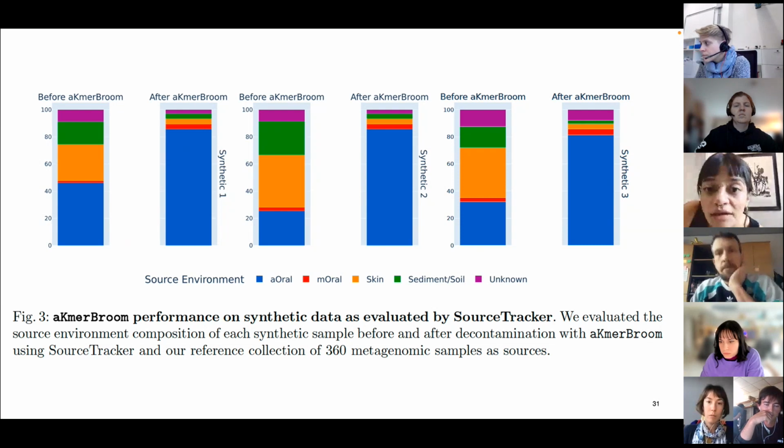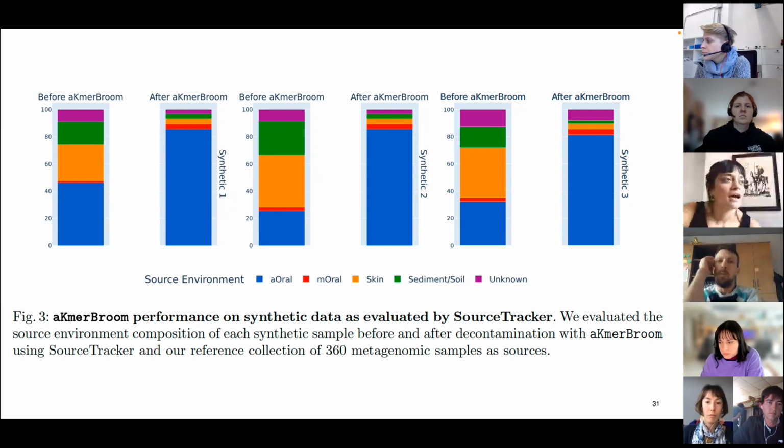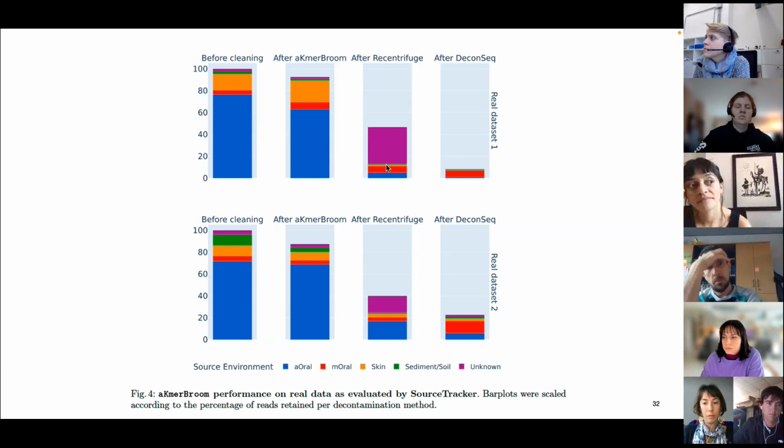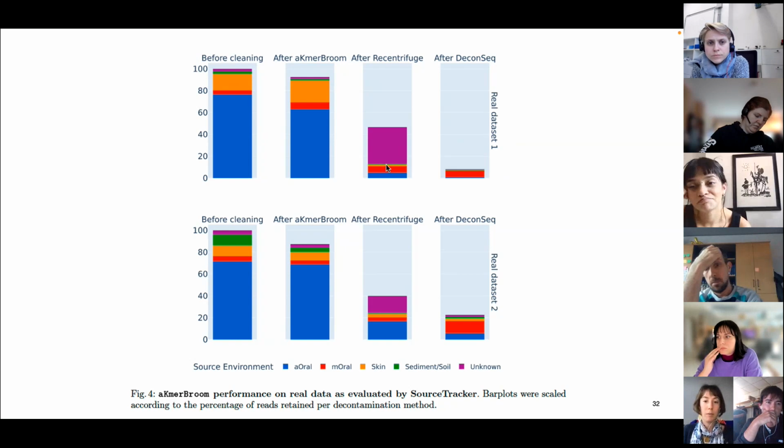So that's something we did. And we also did it for the real data sets, but we had to scale it for read retainment, how much of the content was preserved. Yeah. That maybe answers. Thanks.